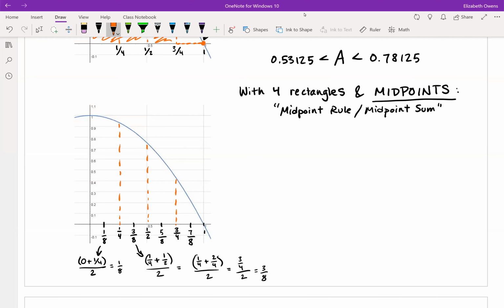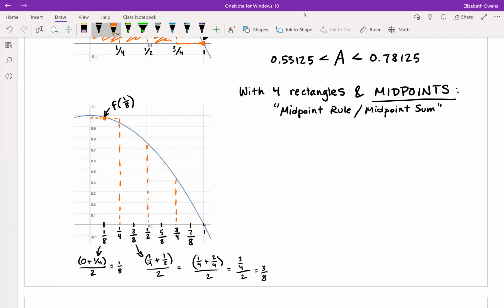So like 1/8 here on the first rectangle, you would go up to the function, and that would be f of 1/8 for that point right there. Okay. So this is f of 1/8, and that is going to set the height for rectangle number 1, like this.